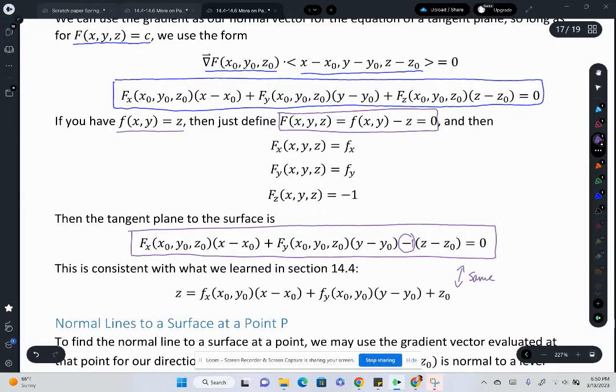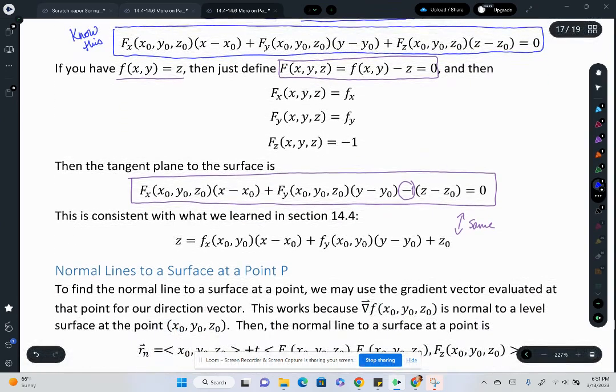It just depends on how you define your function. So you take your pick. We have two different ways to find the equation for a tangent plane. You can memorize both of them or memorize this latest one that we just found, and it will take care of all situations. So you need to know this. It is not on your formula sheet, okay?